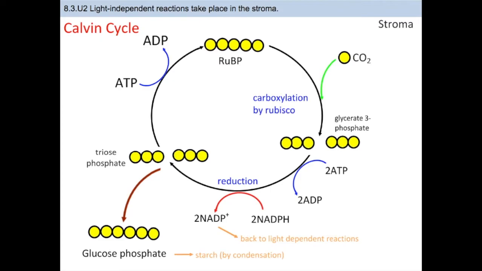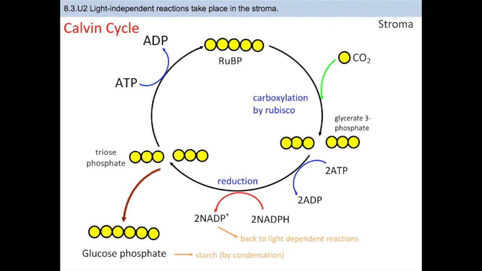We need NADPH. Where did this come from? Light dependent. So this is why we need light dependent. Because the products of light dependent, which are ATP and NADPH, are used to convert glycerate 3-phosphate into triose phosphate. Okay?